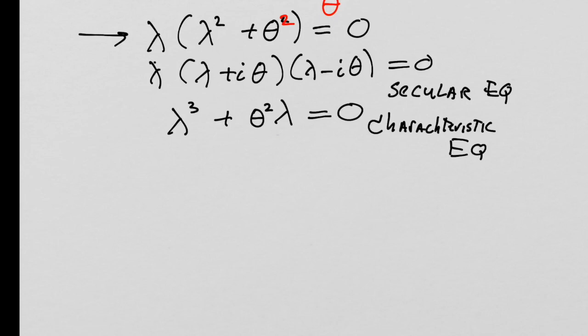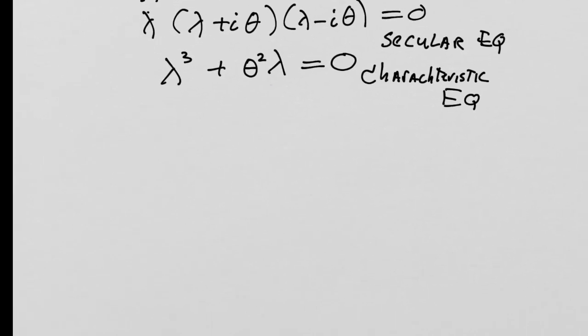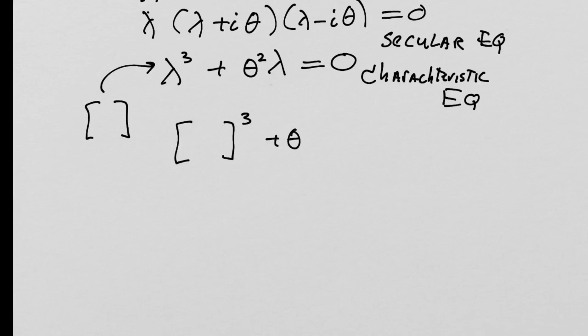The thing that is worth reviewing is the Cayley-Hamilton theorem. The Cayley-Hamilton theorem says that the underlying matrix, for which this is the characteristic equation, actually satisfies its own characteristic equation. So if I cube the matrix that created this and add theta squared times that matrix, it's going to equal 0, right?